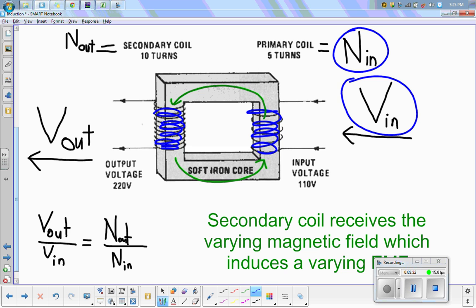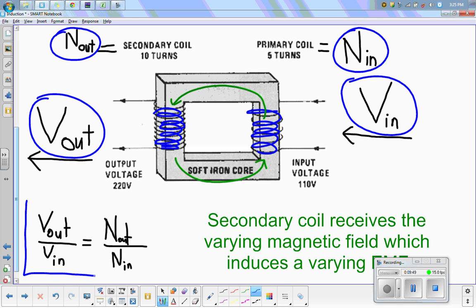Now this difference in number of turns creates a different magnetic field, which creates a different voltage. There's an easy ratio between these two voltages and these two number of turns, and that's the voltage out divided by voltage in is equal to the same ratio of number of turns out divided by number of turns in.